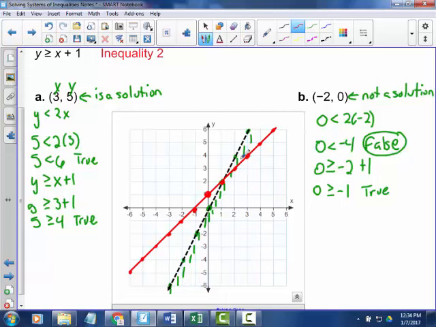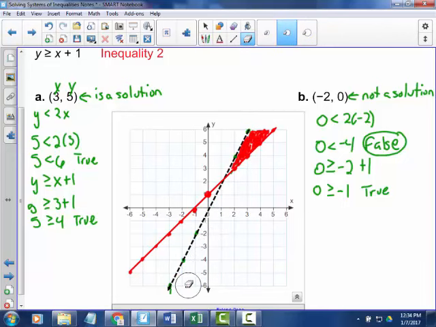So my solution is what they have in common. So I only need to shade here because that's where it's greater than the second inequality and less than the first. So this is actually my solution. If you want to, you can go ahead and erase these other little lines down here so that you're not confused by them later on.